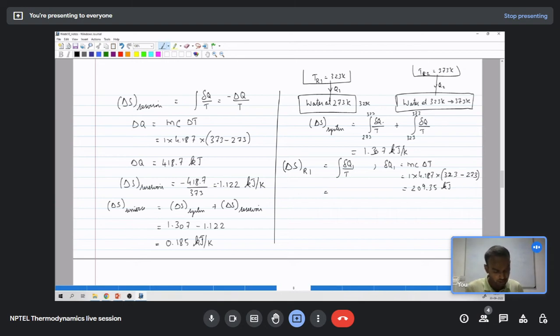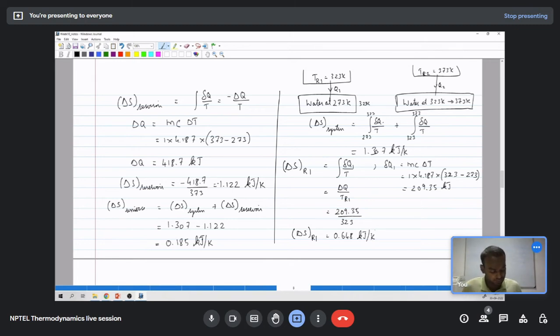So calculating the entropy change for the first reservoir, we have del Q by TR1. Del Q is 209.35 divided by TR1, which is 323 Kelvin. So I can calculate this, and this is 0.648 kilojoule per Kelvin.